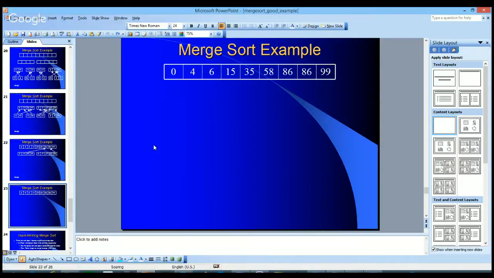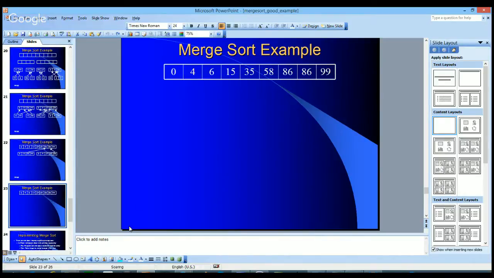So there arises one question: what is the time taken by merge sort, or in a technical way, what is the time analysis of the merge sort algorithm?